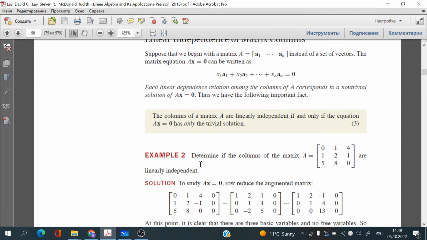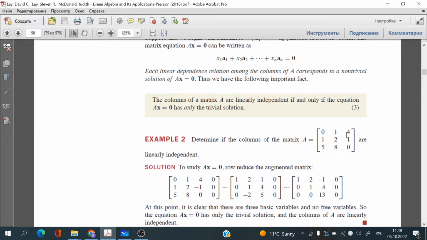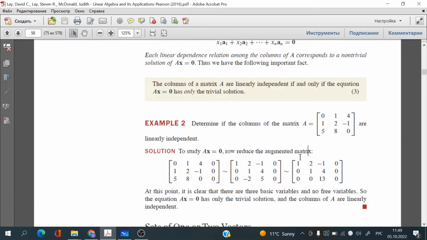For example, determine if the columns of A are linearly independent. What we're going to do is create the augmented matrix of the form A times x equals 0, and row reduce it.